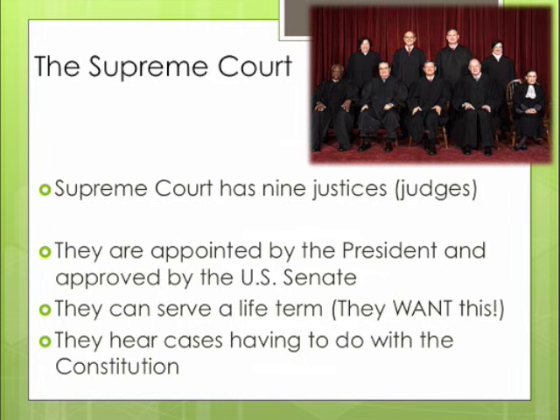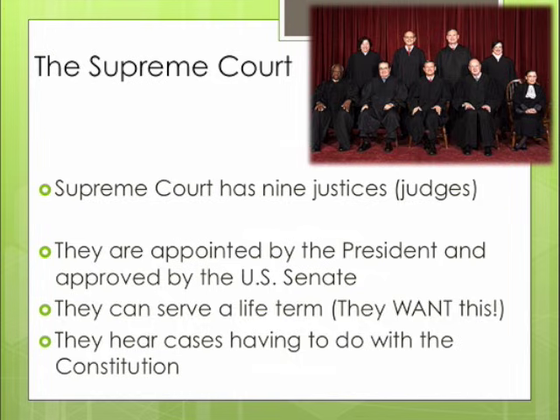These justices can serve a life term, which is ultimately what the president wants, because the president, although restricted to 2 4-year terms, is going to, through a judge, have that president's legacy carried out well beyond the years that president is no longer in office.